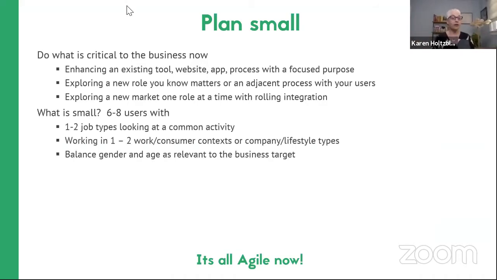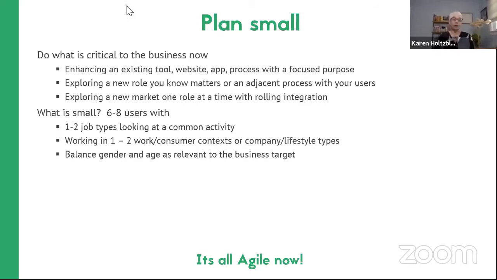You want to go to the field, and the field is now remote, and you want to maybe talk to 6 or 8 users in 1 to 2 job types, both of which looking at a similar activity, okay? They can be working in 1 or 2 work or consumer contexts, or in a type of company, or having a particular kind of lifestyle. You can let gender and age float or use it as relevant to the business target.